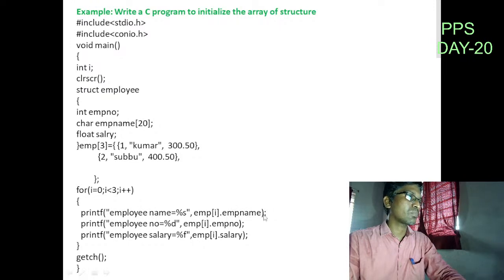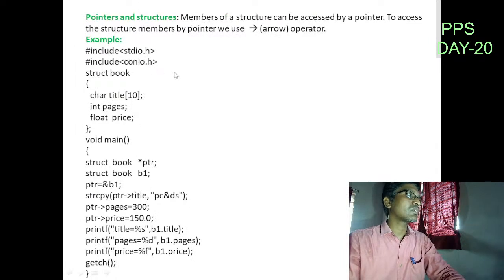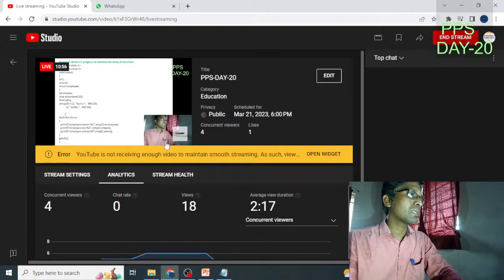I want to display name, employee number, and salary. Like this we can initialize an array of structures, or you can read data from the keyboard also.